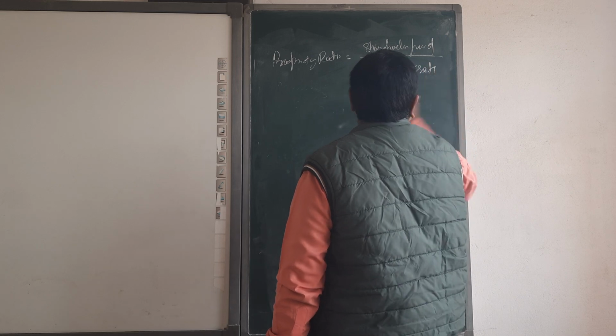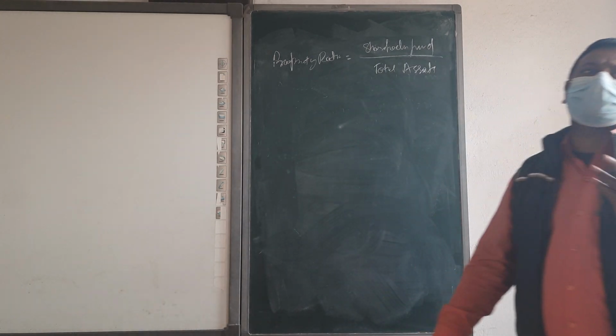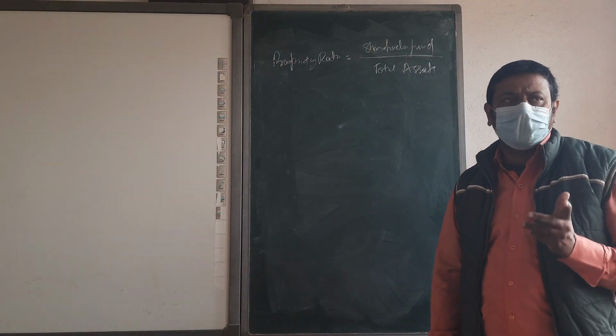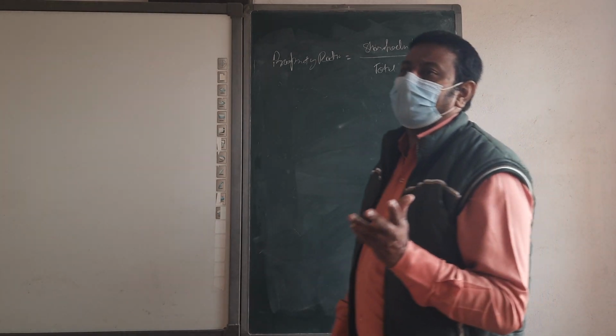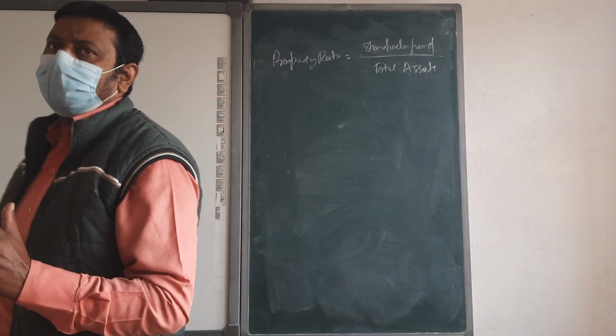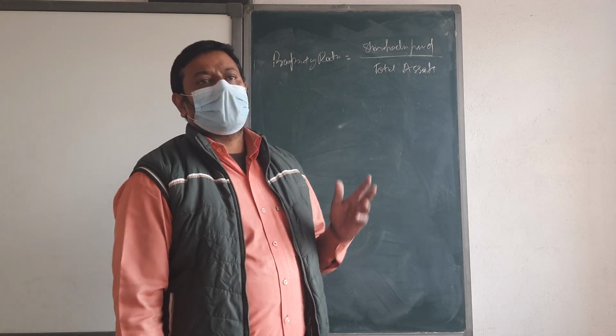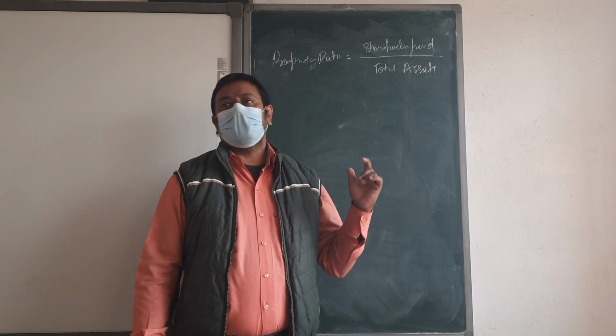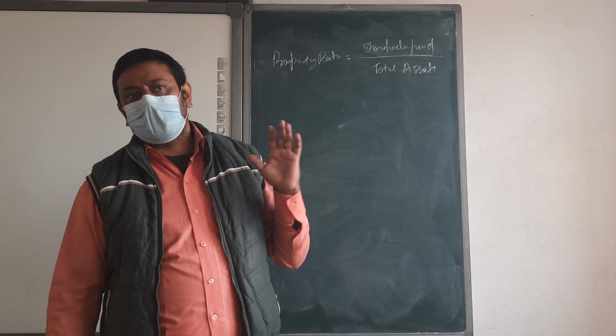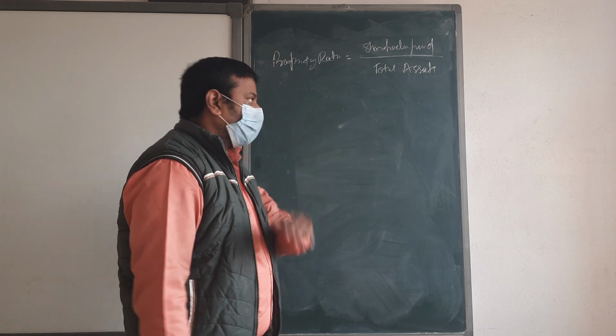Okay, beta? I think you are well aware of the shareholder fund and total assets. Shareholder fund means equity and preference, and then reserve and surplus and money received against share warrants. Clear? Now go for the question.